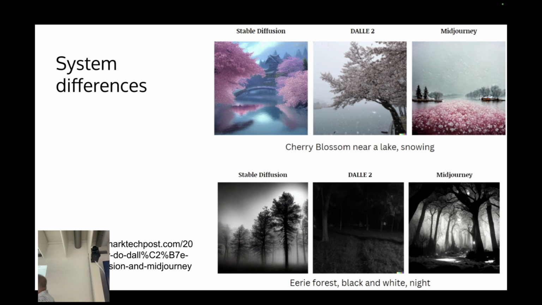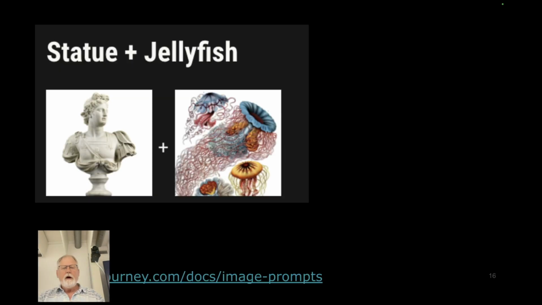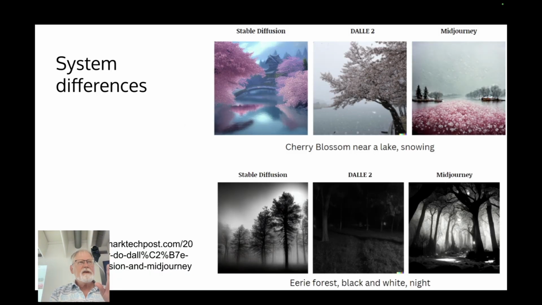And Midjourney producing these things, cherry blossoms, beautiful images, very nice. And I'll show you in a second how it's changed over time. But I wanted you to point out here that even the same prompt for different systems, because they were trained differently, give very different results. Different systems, very different results.